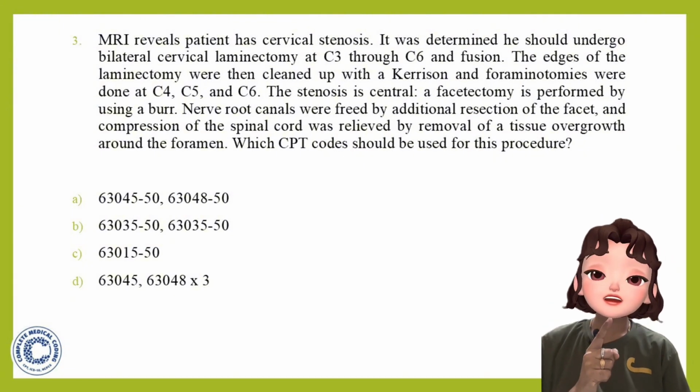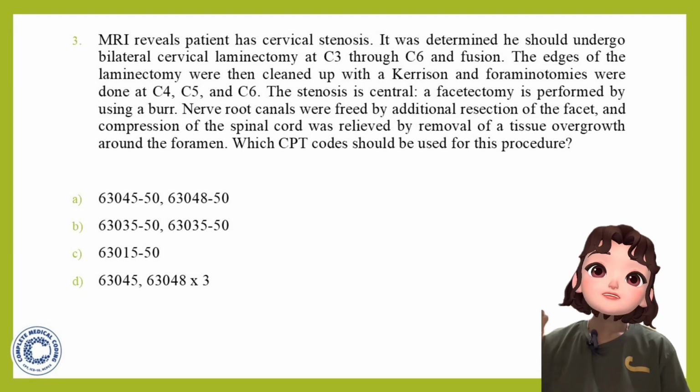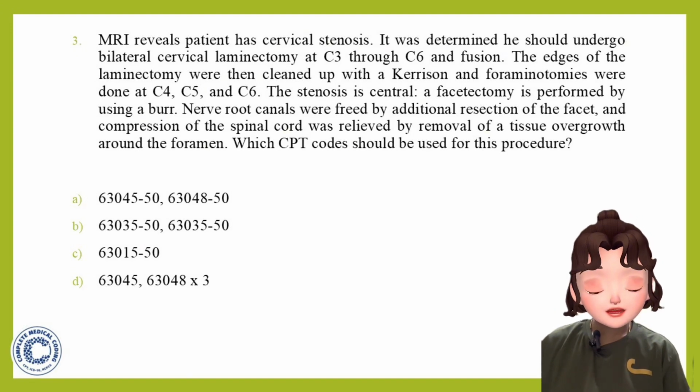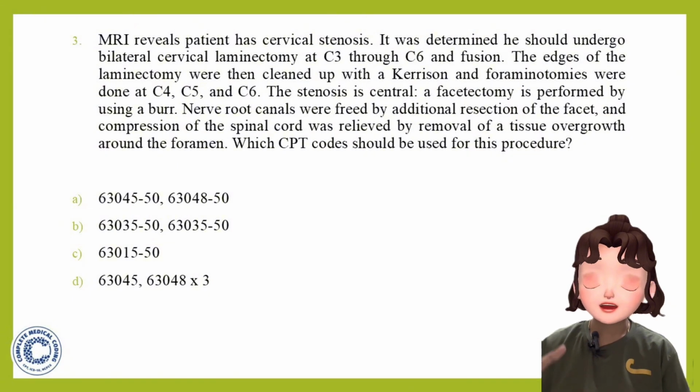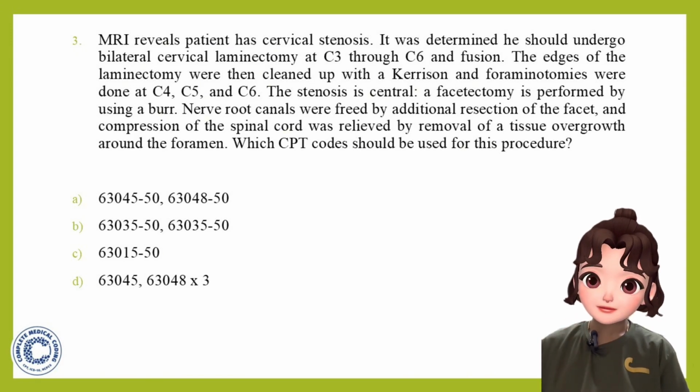So the first code 63045 is for a single cervical segment. The next code 63048 is each additional segment of cervical, thoracic or lumbar, listed separately in addition to the primary procedure. So for each additional segment you have to use 63048.